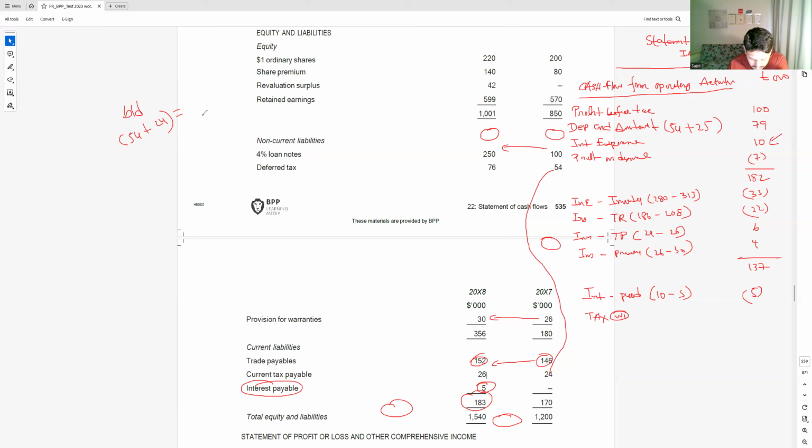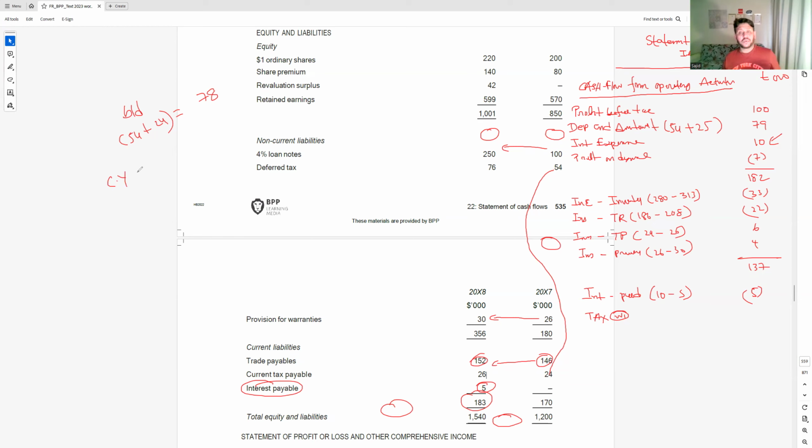So let's take a look how much it is. So we have 54 and 24, 78. 78 is the opening balance, balance BD. Then we need to add the current year tax. The current year tax is the tax from the profit and loss account for both.